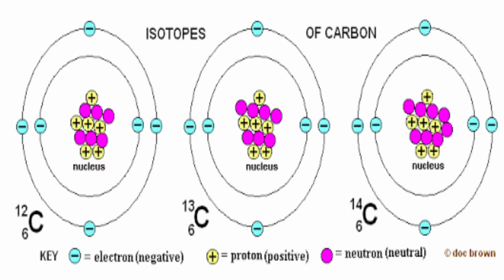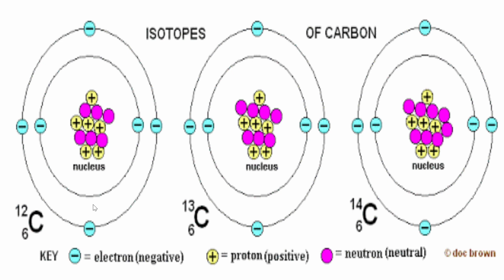Now, when we see the isotopes of carbon, again we have carbon C 6 12, carbon C 6 13, and carbon C 6 14. These three are the isotopes of carbon. So the atomic numbers you just see are all the same, whereas your mass numbers are differing. Here you have got 12, here 13, and here 14.